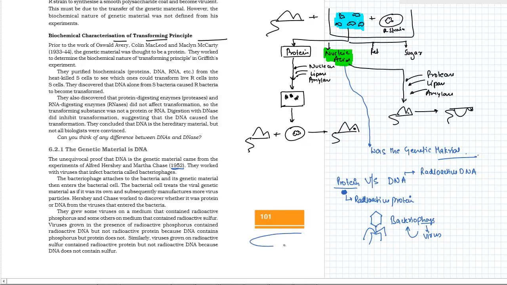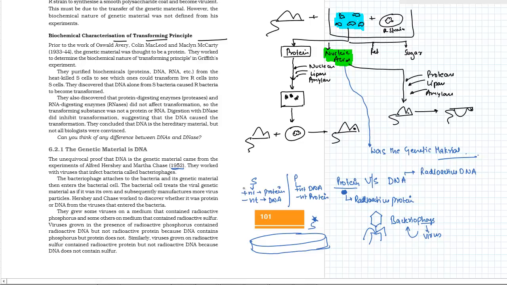Now this particular bacteriophage was grown, okay, so this was a petri plate, let us say, and this bacteriophage was grown in an environment in which sulfur was radioactive. Okay, and sulfur is present in protein and absent in DNA. On the other hand, phosphorus is present in DNA and absent in protein.